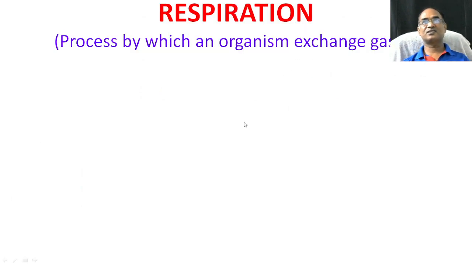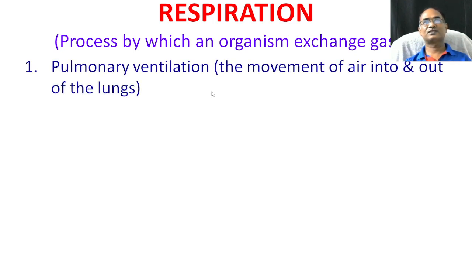So in respiration, there are some processes by which it is carried out. There are four different processes for the exchange of gases from the atmosphere to the lungs and from the lungs to the atmosphere. The first process is pulmonary ventilation. Pulmonary means related to your lungs.